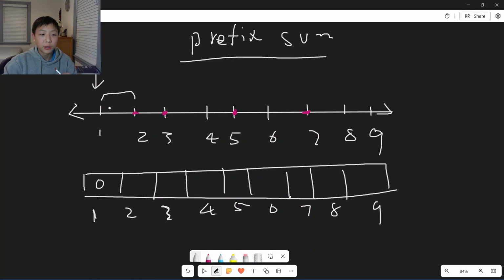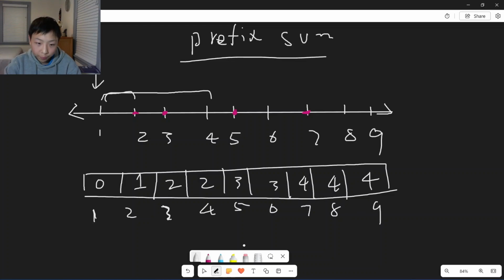How many hay bales are in here? We have 1 hay bale, because there is one on 2. And then we have 3 to 1, which has 2 hay bales. And then for 4, we also have 2 hay bales. 5 is going to be 3 hay bales. 6 is going to be 3 hay bales. 7, 4, 8, 4, 9 is going to be 4.